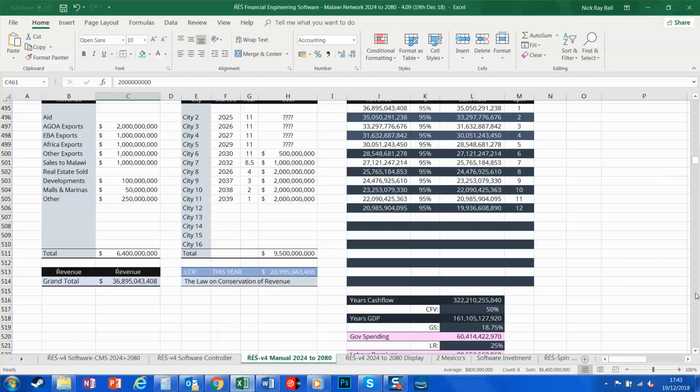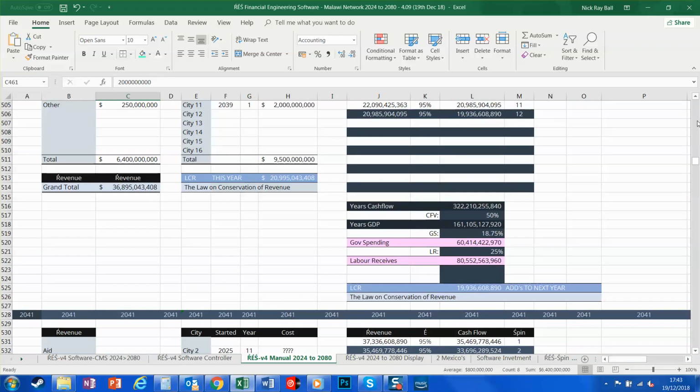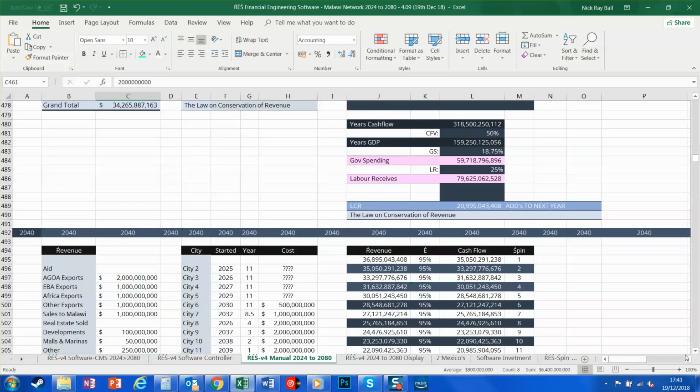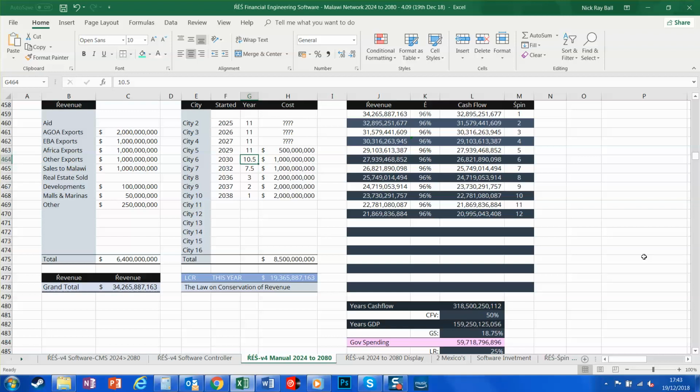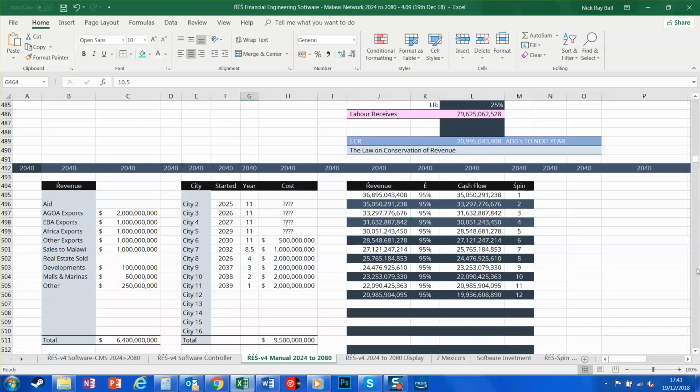Okay, so there we go. Back to that 12 spin. You can see we're carrying on here. Yeah, I think these are the figures that could be the most wrong. If that should have been 9.5, 10.5. Actually, that 10.5 has gone to 11, I think, and then that's only half.